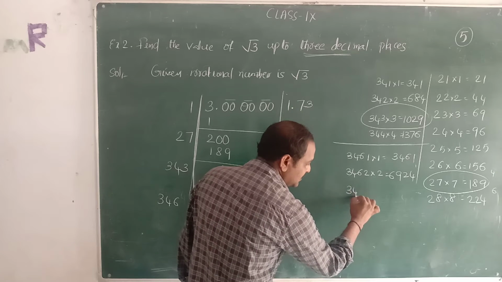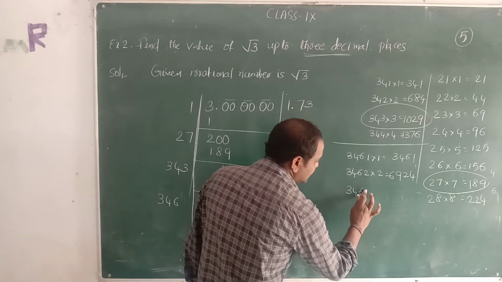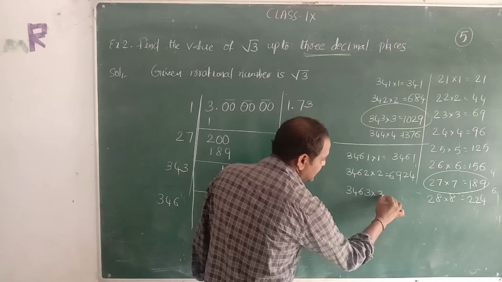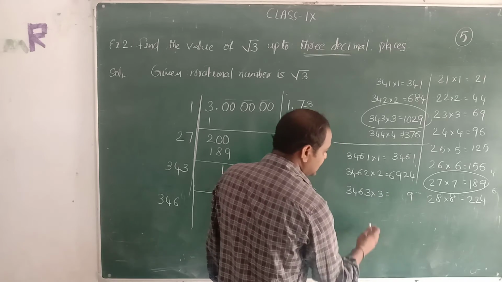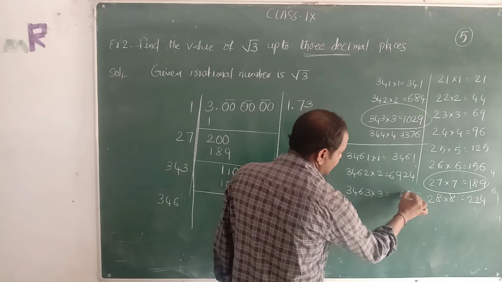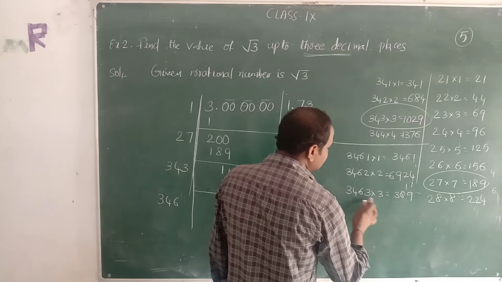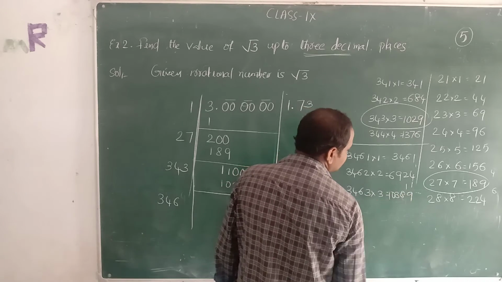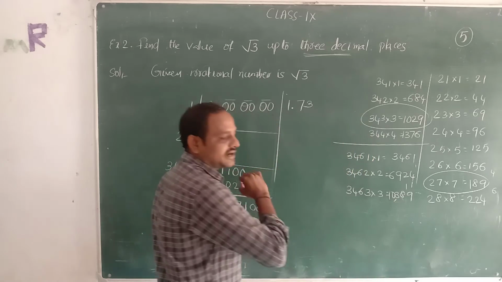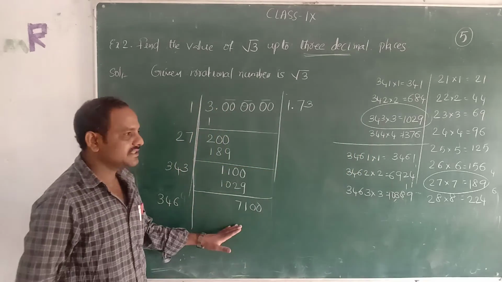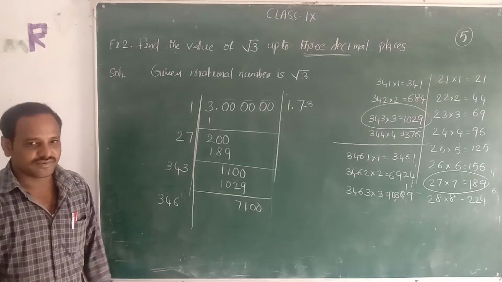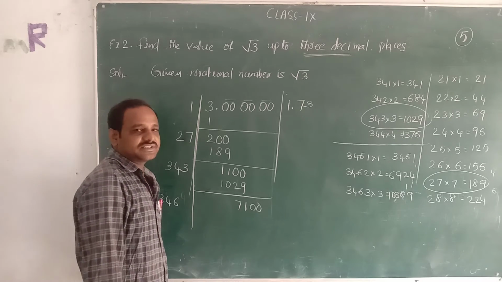Next 3463, 3 times: 3 threes are 9, 3 sixes are 18, 3 fours are 12 plus 1 is 13, 3 threes are 9 plus 1 is 10. So we got 10,389, which is greater than 7,100.